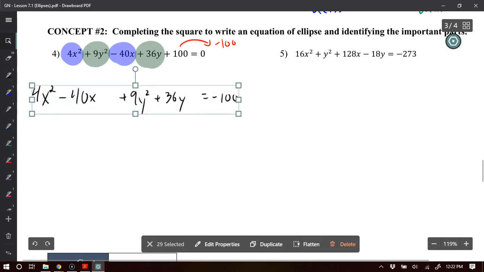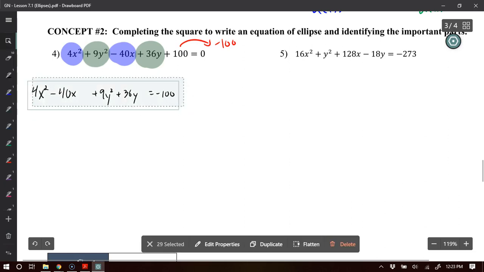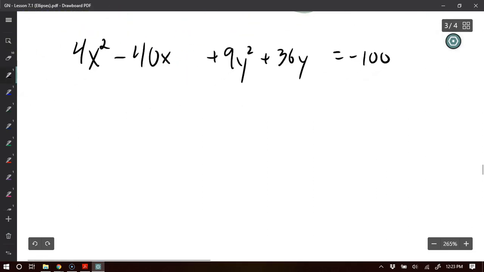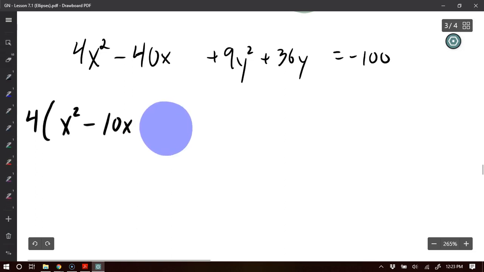But the problem is we can't complete the square having that 4 in front of the x squared and having that 9 in front of the y squared. So I'm going to factor out that leading coefficient of 4. That's going to give me x squared minus 10x. And I'm going to insert my placeholder for when I do complete the square for it. And I'm going to do the same thing with the 9.